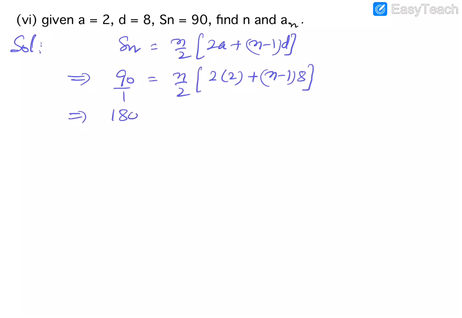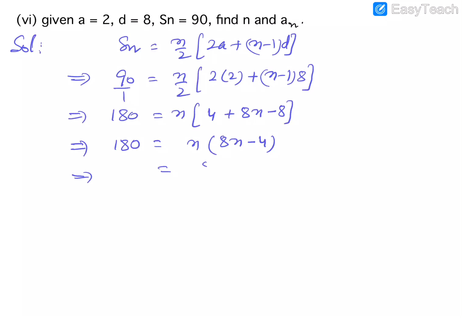Cross multiplication gives 180 is equal to n, this is 4 and this is 8n minus 8, that is 8n square minus 4n is equal to 180. Further, this gives 8n square minus 4n minus 180 is equal to 0. This is a quadratic equation in n which is to be solved for n.